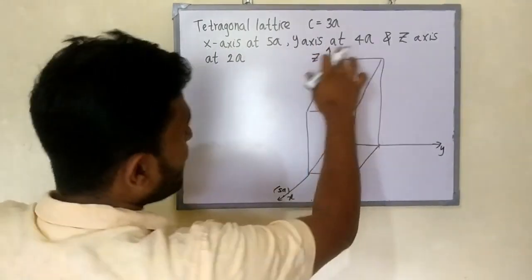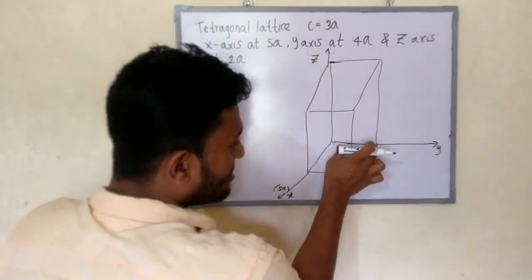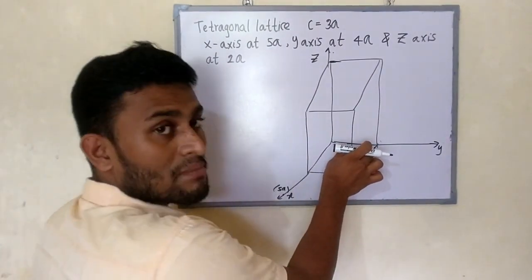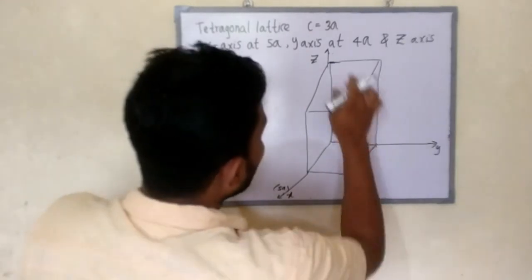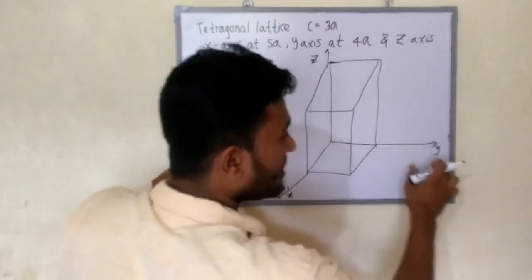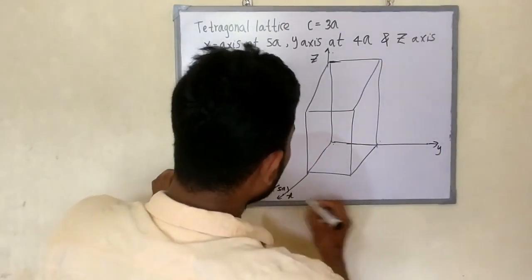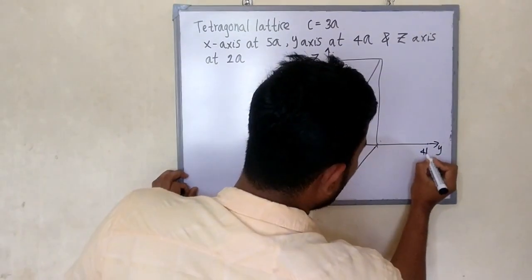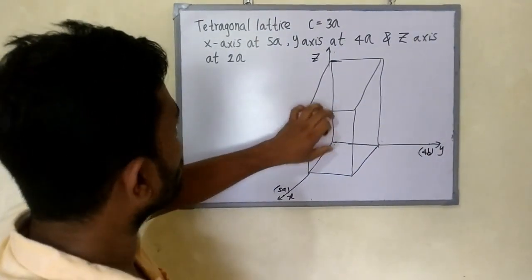Then your y-axis at 4A. So this is the length B or A, because A and B are equal. So this is B, and 4A means 4B. That is another big length. I will number it here: it is 4B. And the z-axis at 2A.